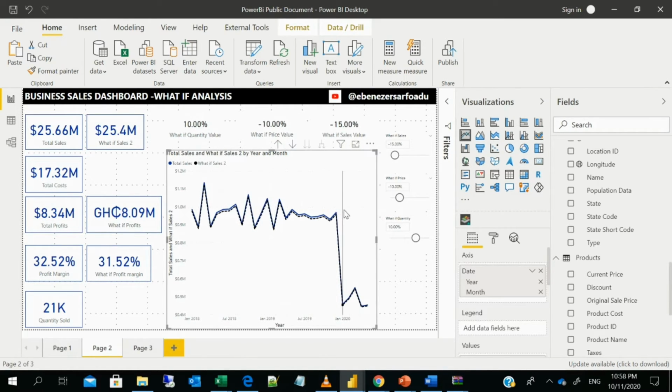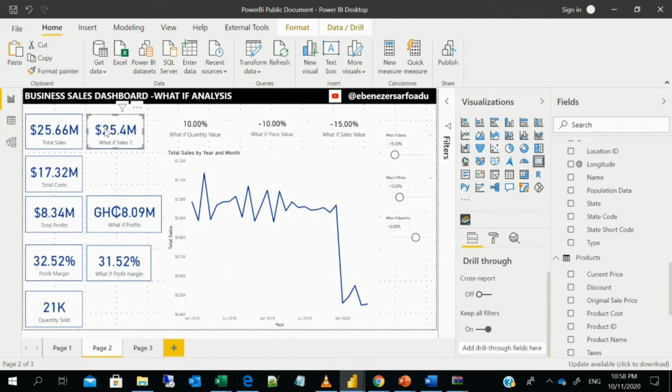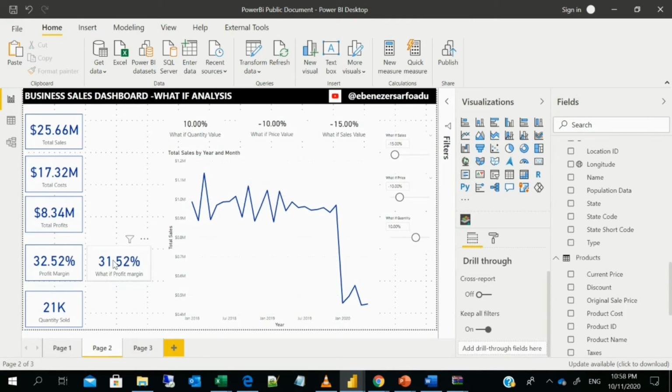So first is the actual case, so let me take off the what if scenario. So this is our actual case, which you saw in the beginning. So let me remove all these. So this is the same thing as you saw in the other page.